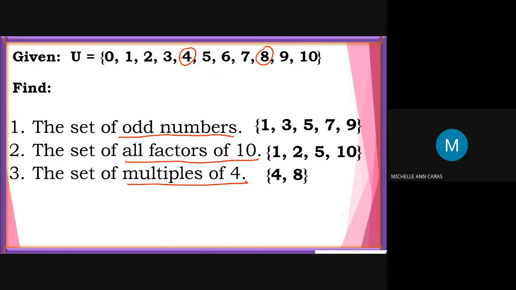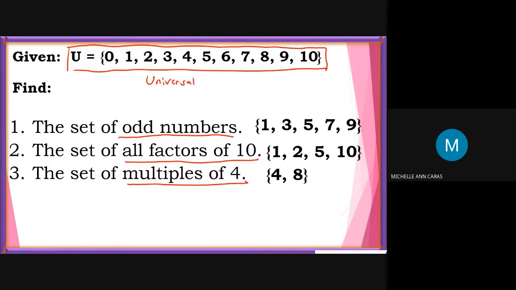Okay. So based on our first activity, class, what is the role of U here? The given set U represents our universal set. We're going to discuss later what a universal set is.